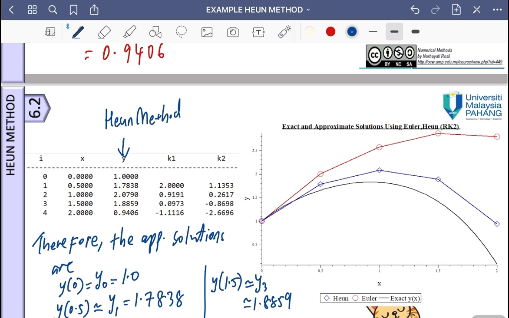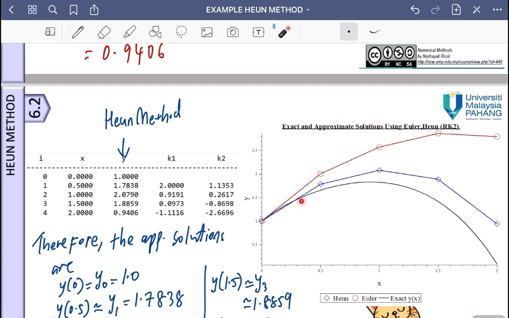The last one, at the end point when x equals 2.0, is approximated by y4, given by 0.9406.